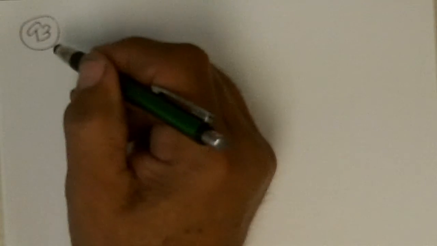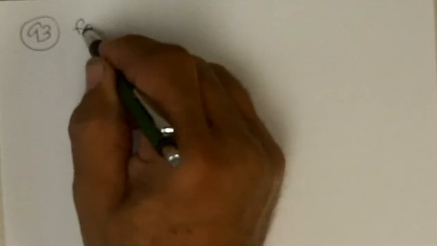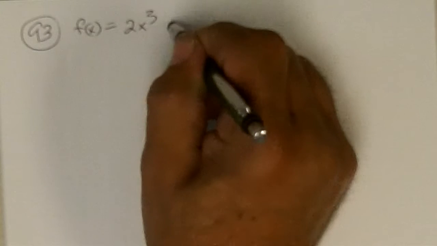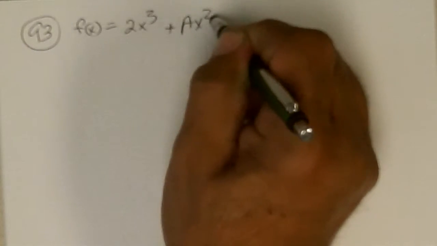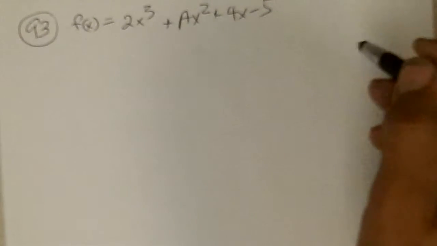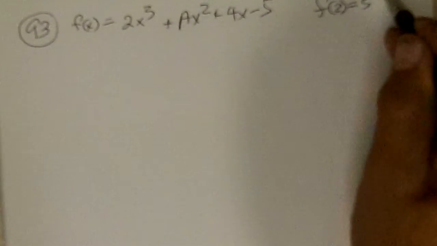Do I have time here on this video? 93. Let's see if I can do these quickly. 93 says f of x is 2x cubed plus ax squared plus 4x minus 5, and f, when 2 is used for the x, comes out to 5.